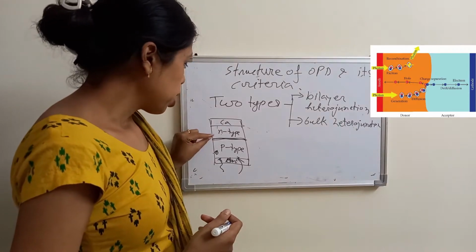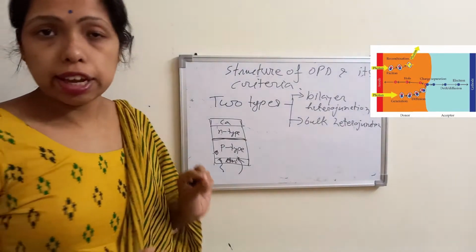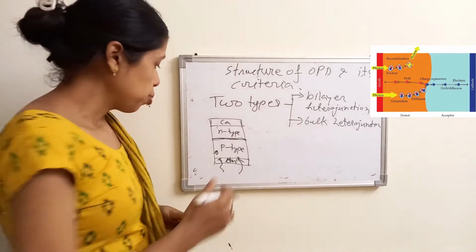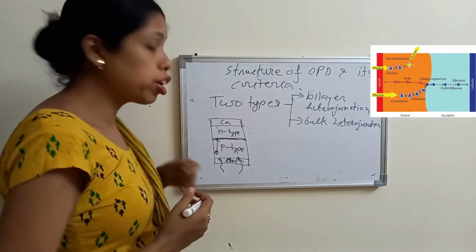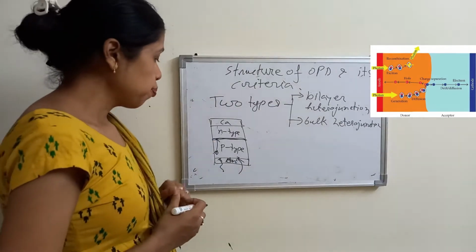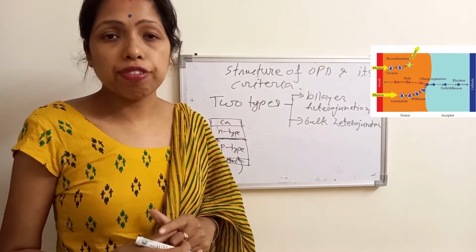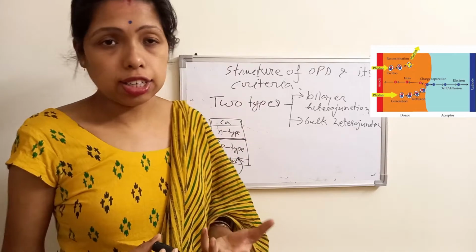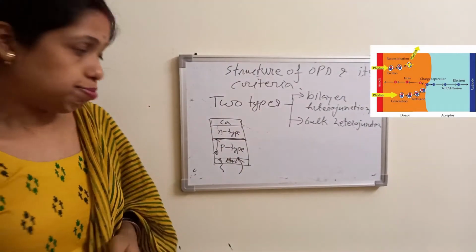So the exciton diffusion length should be longer for an organic semiconductor. It has to diffuse to the interface before it recombines. If the exciton diffusion length is short, the exciton recombines before reaching the interface, and then we will not get free carriers. This is one of the disadvantages of the bilayer heterojunction.